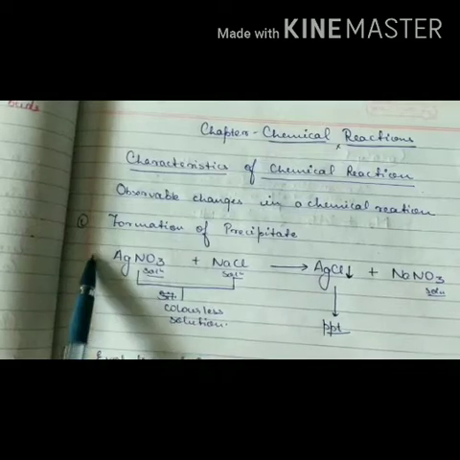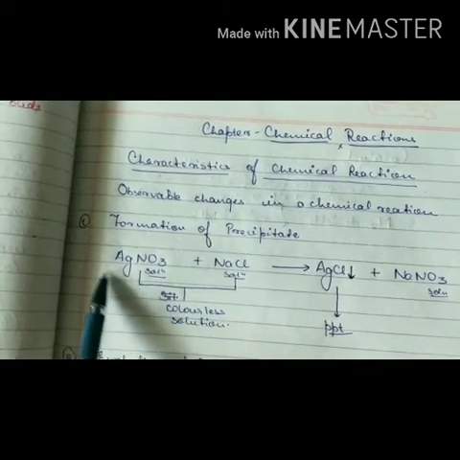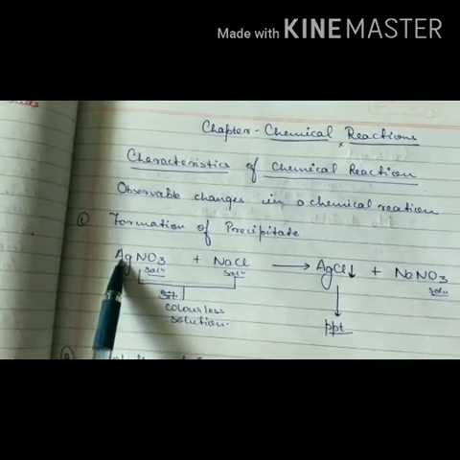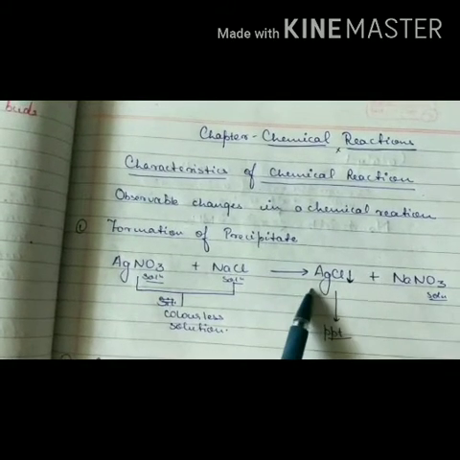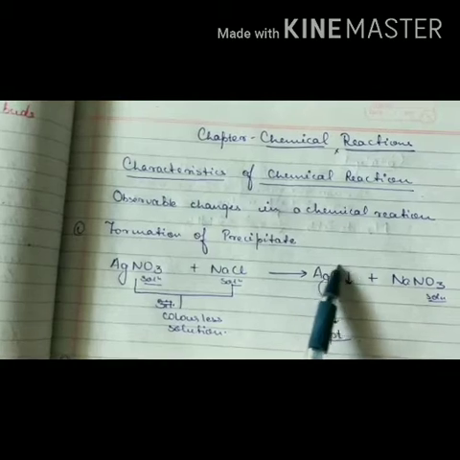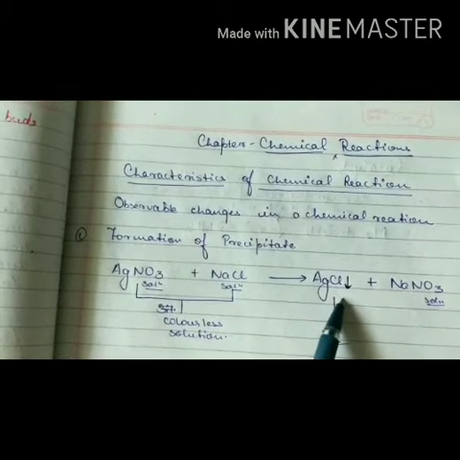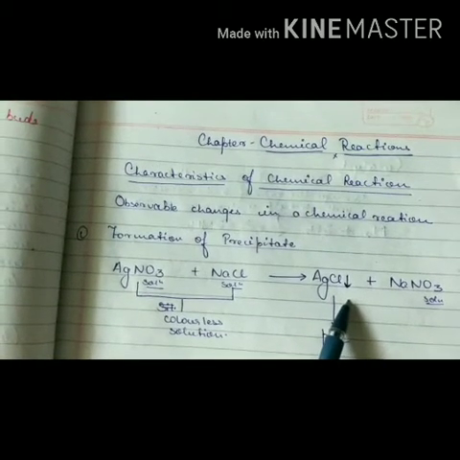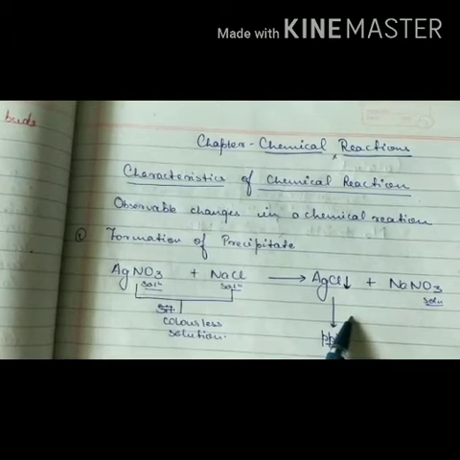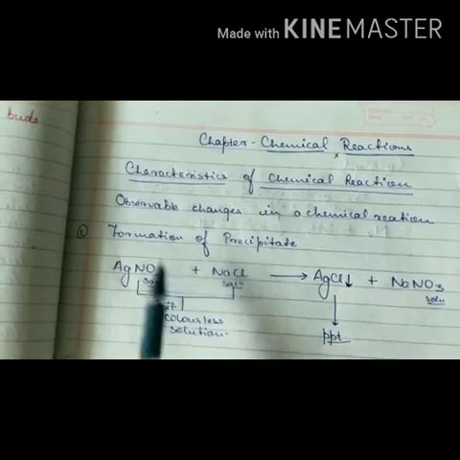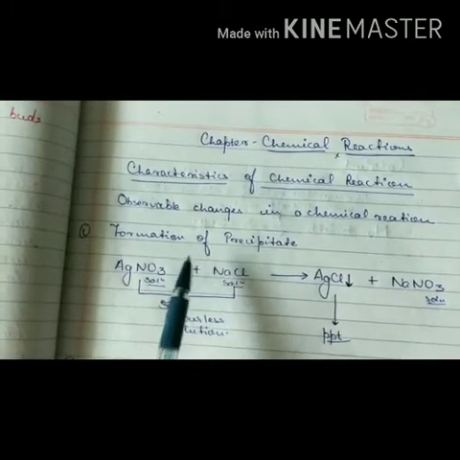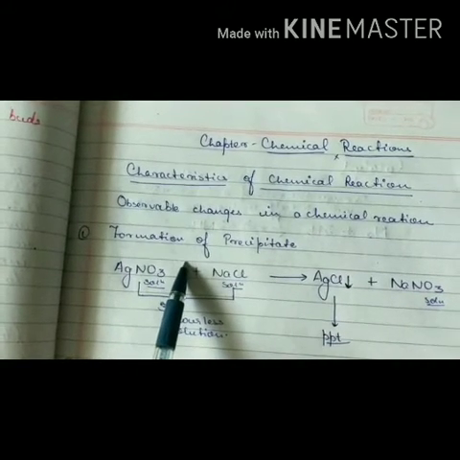When silver nitrate and sodium chloride combine, they form a precipitate which settles down at the bottom during the reaction. So this formation of precipitate is the first observable change in a chemical reaction.